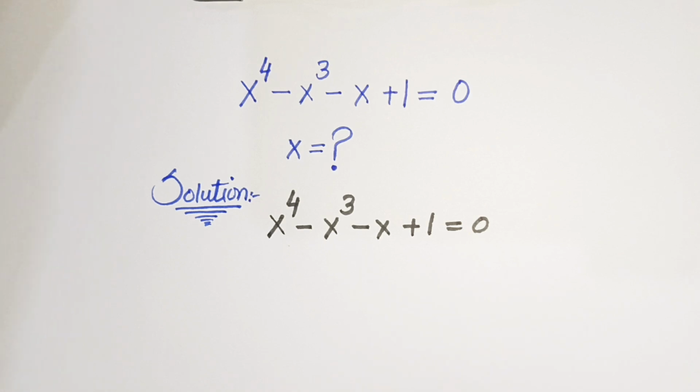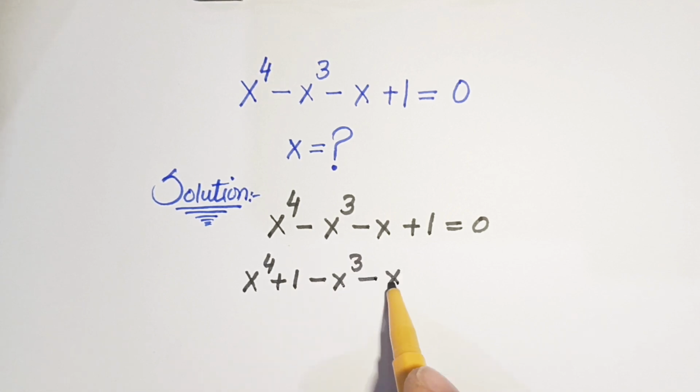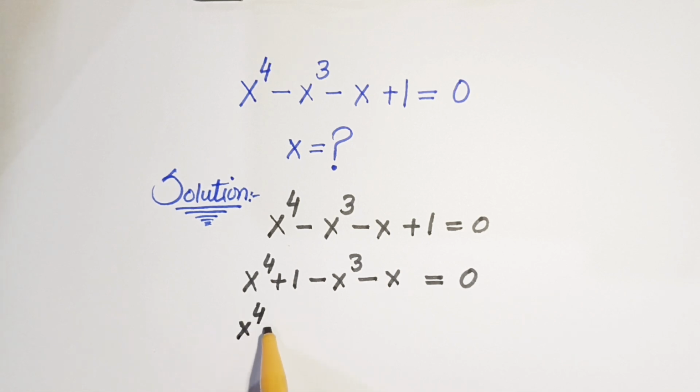Now we are going to make a group here: if we write this x to the power 4 with this plus 1, so x to the power 4 plus 1 and minus x cubed minus x is equal to 0. Now we just rearrange all these terms. Taking minus common, we have x cubed plus x, since minus times minus is plus.